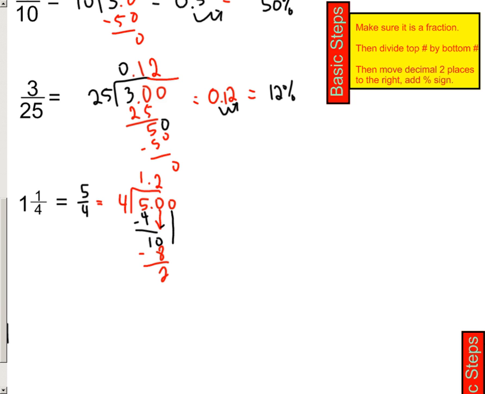Let's add another 0 down there. 4 goes into 20 5 times, and we've got nothing left over. So I know that my decimal is 1.25. That's my decimal. I want a percent. Let's move this over 2 times, and we get 125%. Don't forget your percent sign.